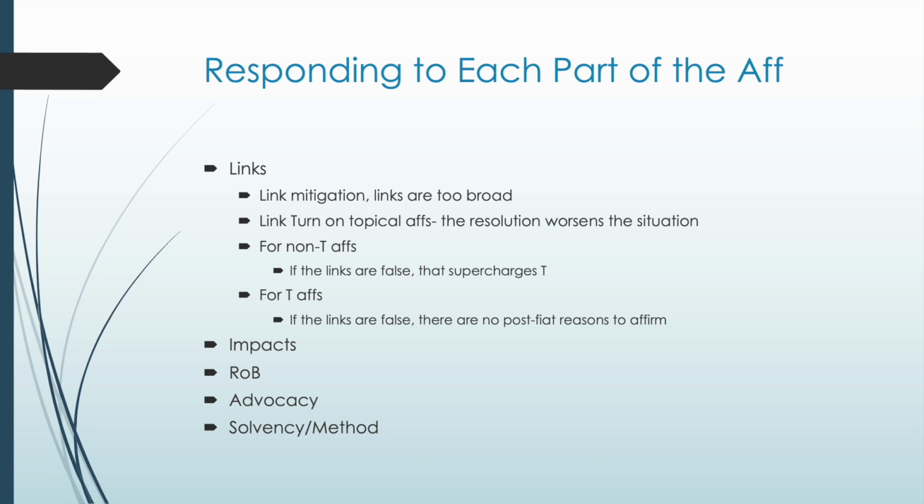If you prove that those links are false, that supercharges a T argument because you're proving that there is a TVA, right? So answering the links proves that the aff is trying to solve for something that isn't a problem. Or better said, is avoiding implementing the resolution because the resolution is perceived to be part of the problem when in reality the resolution is not part of the problem.